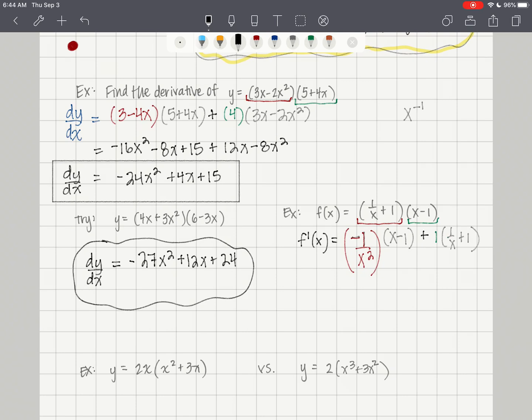And now I'm going to distribute and simplify. So negative 1 over x squared times x is negative 1 over x, plus 1 over x squared, plus 1 over x, plus 1. So negative 1 over x and positive 1 over x cancel out, and our derivative is equal to 1 over x squared plus 1.